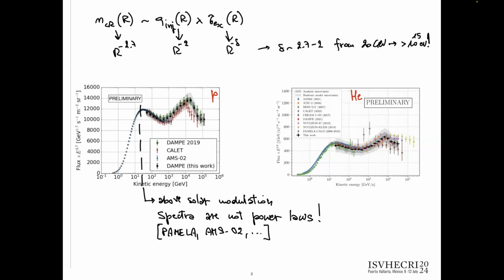So in principle, you would expect a single power law, but this is not what is measured.